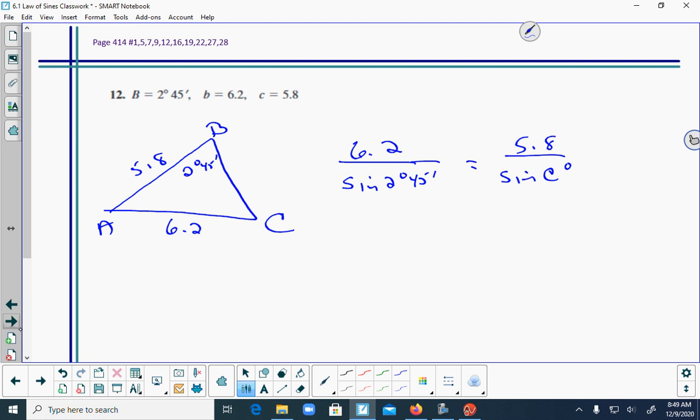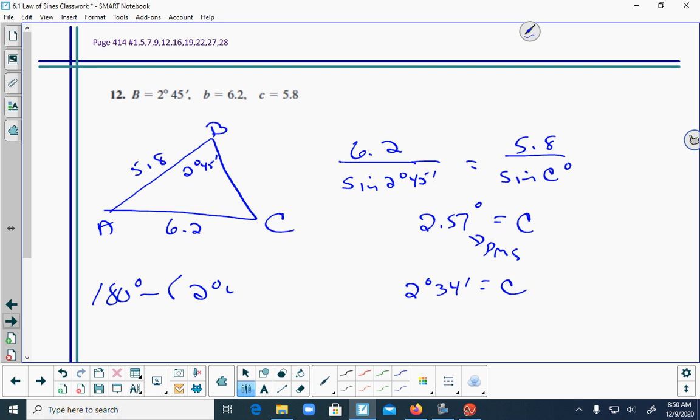When I do that, I get C to equal, on my calculator first, 2.57 degrees. And then I did the degree minutes seconds, and that ended up being 2 degrees 34 minutes. And that's angle C.